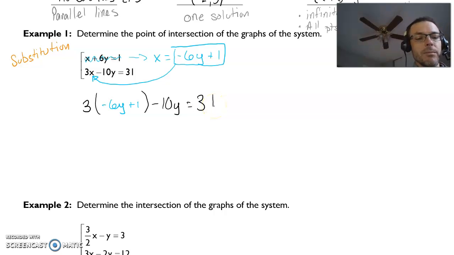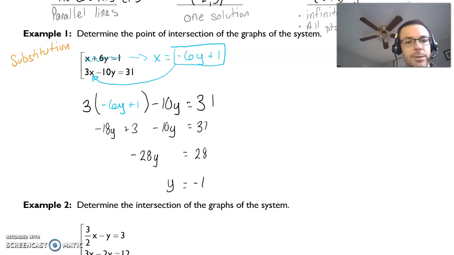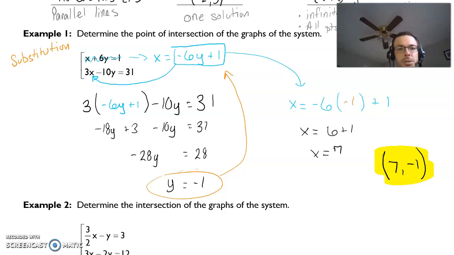Go through, and through the magic of video, we get our y value to be negative 1. And more magic gives us x equals 7. So once we get the first variable, we have to substitute back into an original equation to find our second variable. Write your answer as an ordered pair. There's one solution.